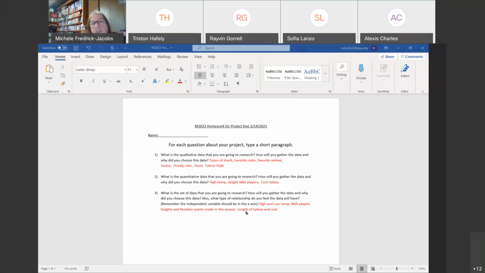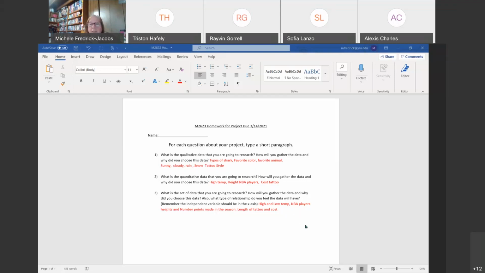I want to make sure that you have the right ideas first, because a lot of times what happens is, if we go with sunny, cloudy, rainy, and snow, here temperature, and then they say they're going to use sunny, cloudy, rainy, snow, and the temperature, that doesn't work because this has to be both numerical. We haven't done much with it yet because we're doing it next week, but they have to be numbers. Think of a graph on the XY axis. You have to plot the points, and you can't go over sunny and then up 52 degrees.